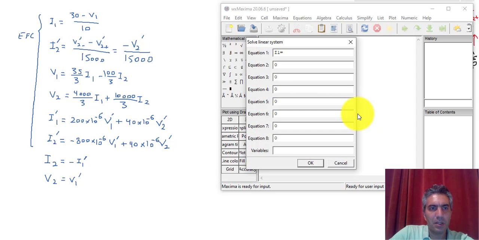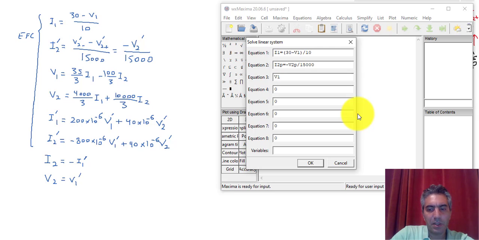So I1 is equal to 30 minus V1 divided by 10. I2, instead of prime, I'm going to use P. So I2P is equal to minus V2P divided by 15,000, sorry.